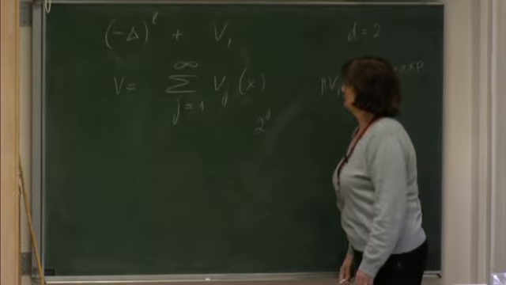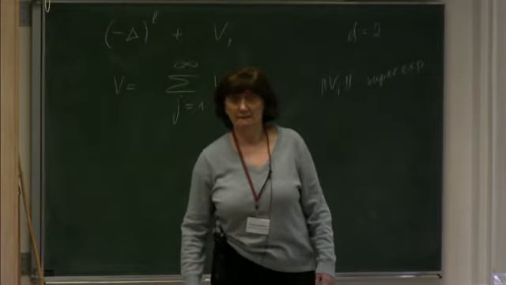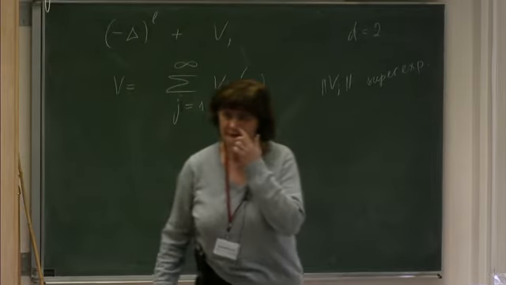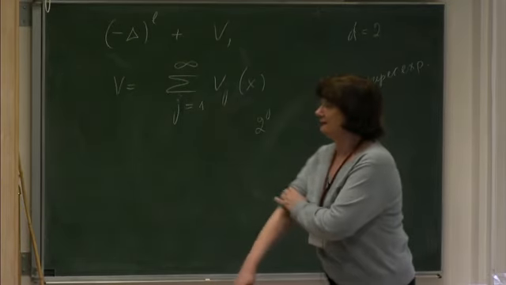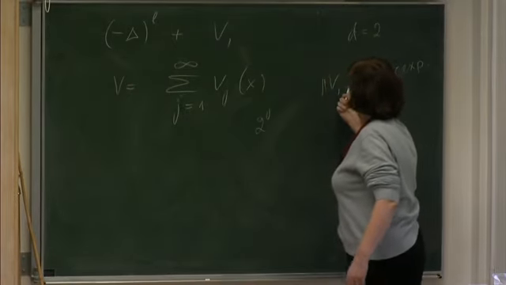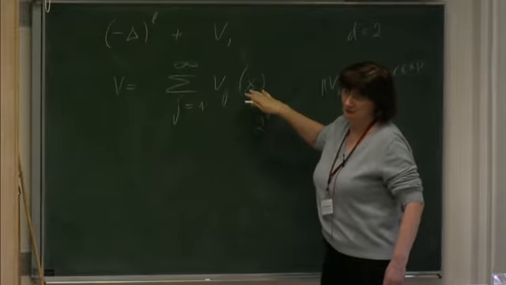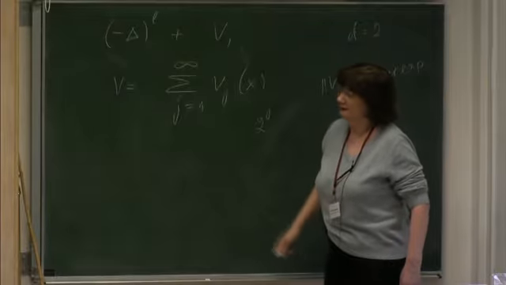So you may think, what a big deal, I add smaller and smaller potential, so that should be simple. But the perturbation is not only about the norm. You see, this potential is not periodic anymore.